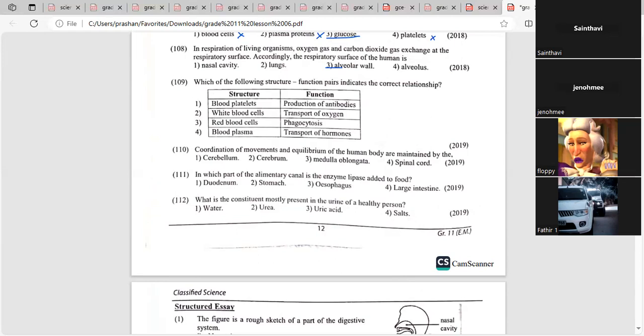I can give you 6 minutes. You can write answers up to 7:12 p.m., because it is 1.5 minutes per MCQ question. All four questions are from 2019. There were four MCQ questions in 2019 from this lesson.